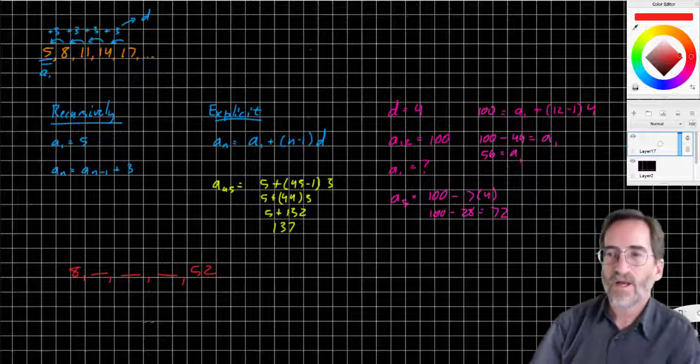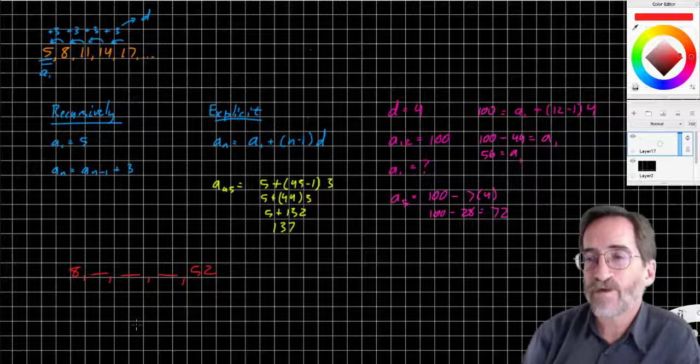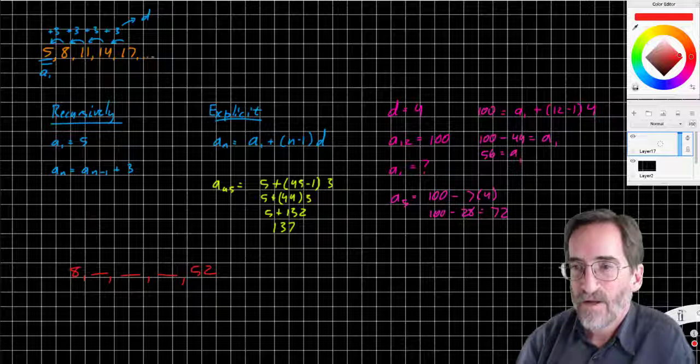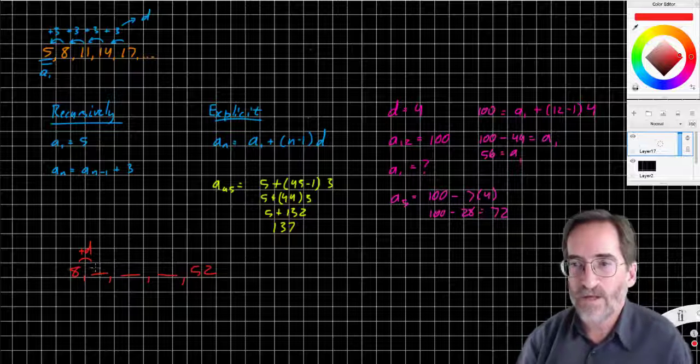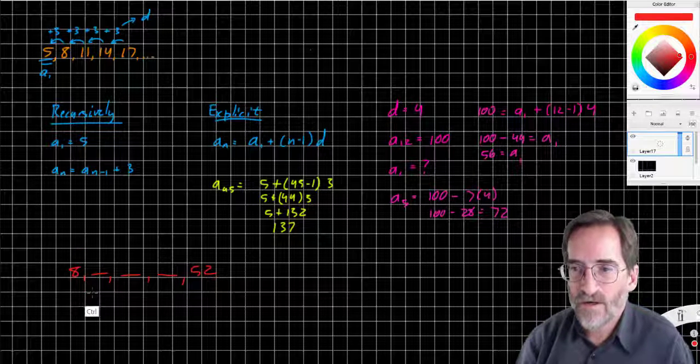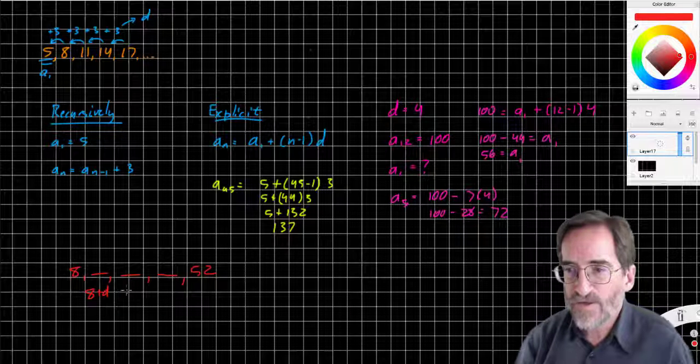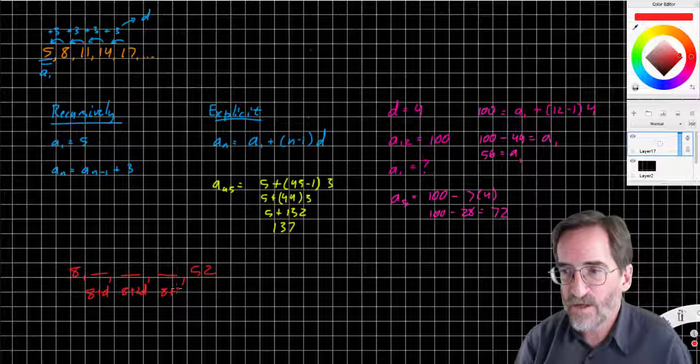And I'm told these are terms in an arithmetic sequence. So in that case, I'm going to add d. This term is going to be 8 plus d. This is going to be 8 plus 2d, and this is going to be 8 plus 3d. What's more important is this fifth term is going to be 8 plus 4d.